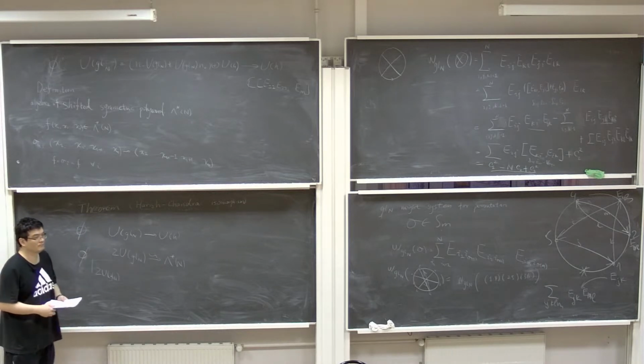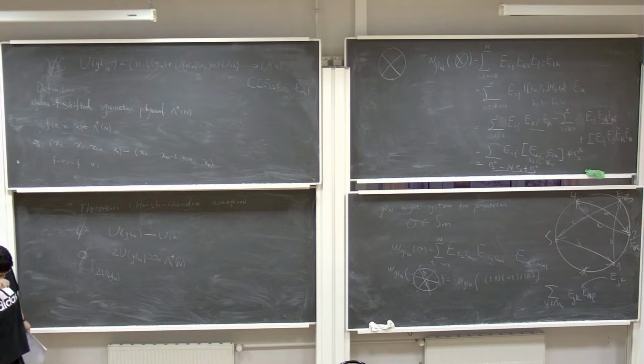The Harish-Chandra theorem asserts that when you apply this projection to the universal enveloping algebra of the Cartan subalgebra, to an element of the center of the universal enveloping algebra of GLN, then you obtain a shifted symmetric polynomial in the variables E11, E22, ..., ENN.